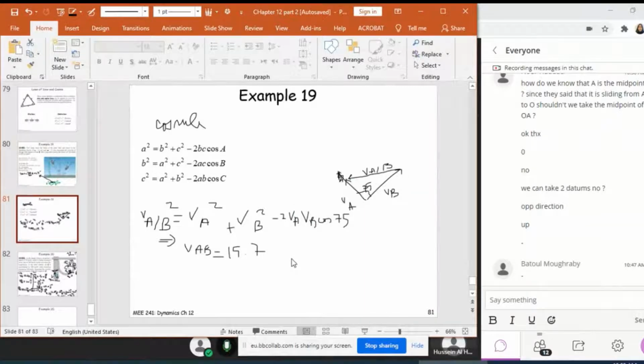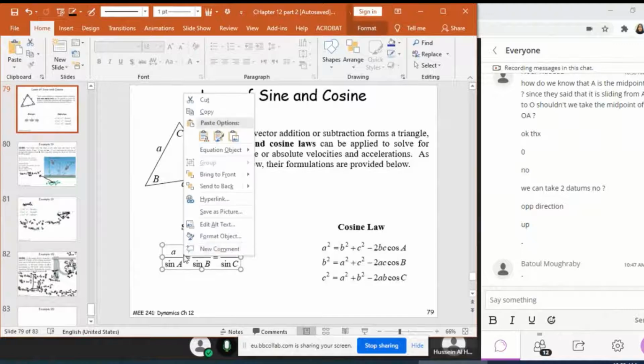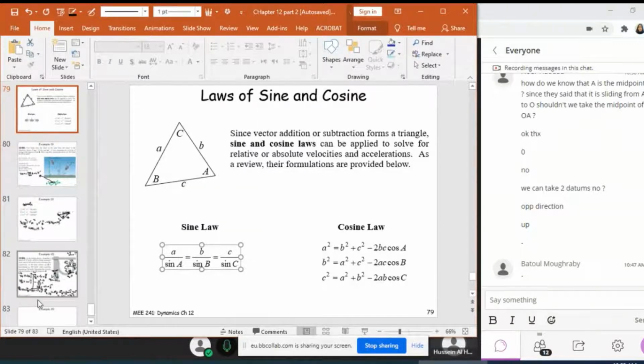However, guys, I'm not done now. I have to find the angle with a constant reference, like I. So I need to find this angle here, right? How can I find this angle? I can find this angle now, and then from this angle, I can find the other angle. How? Using the sine rule.